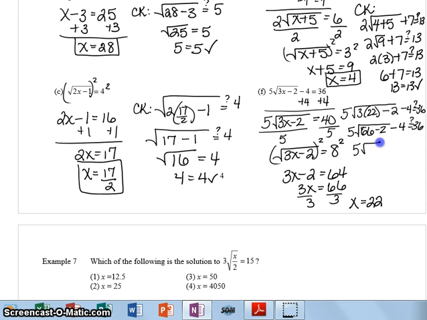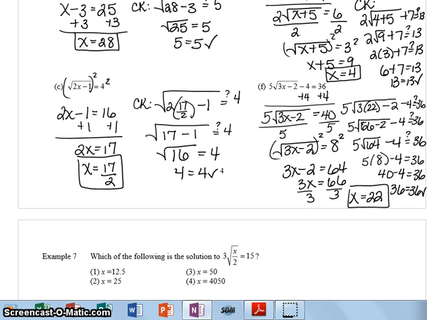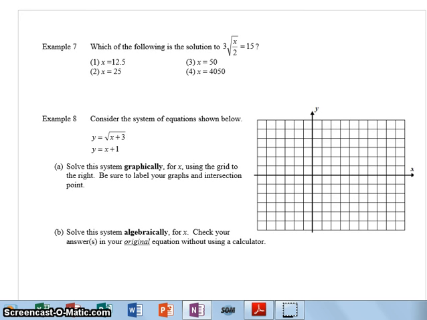So 5 times the square root of 64 minus 4 equals 36. Okay, so this is a proper check, just kind of showing step by step. And then I end up with 40 minus 4, and I get 36 equals 36, so it checks out. So I accept the answer. You are going to see some examples here that get rejected, though.